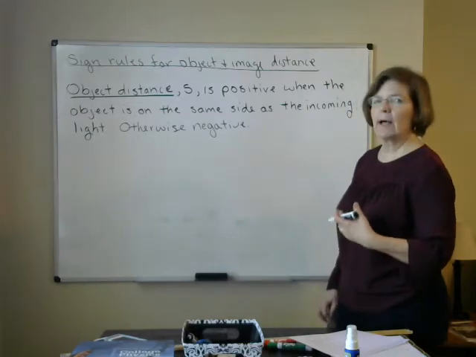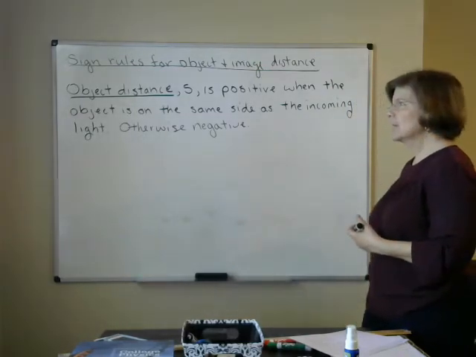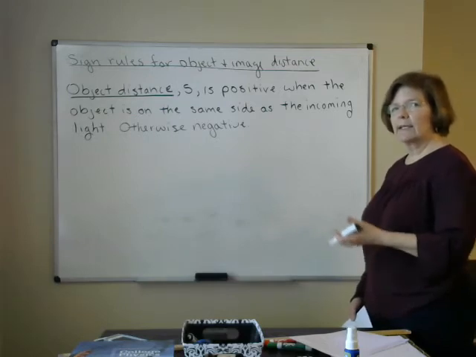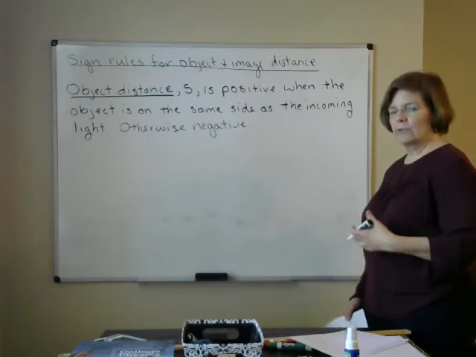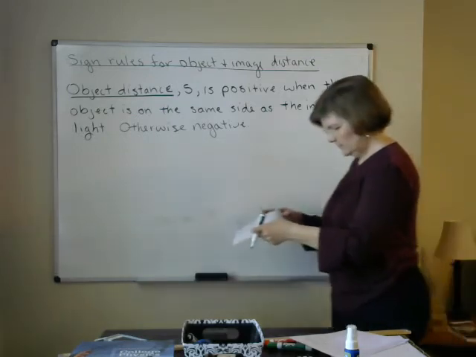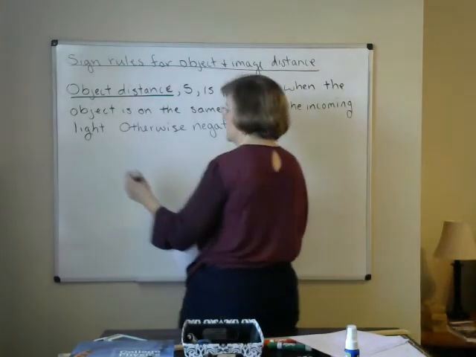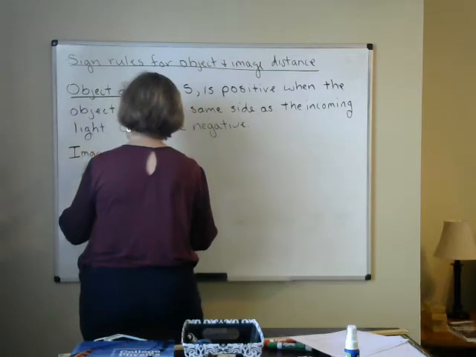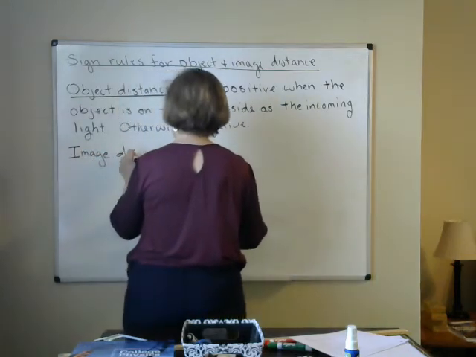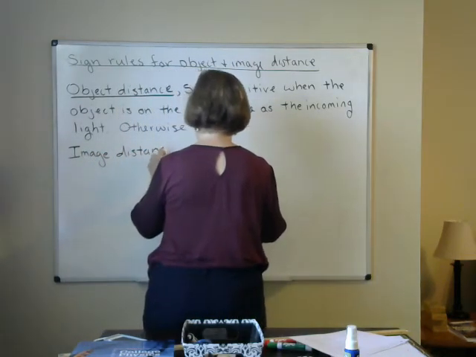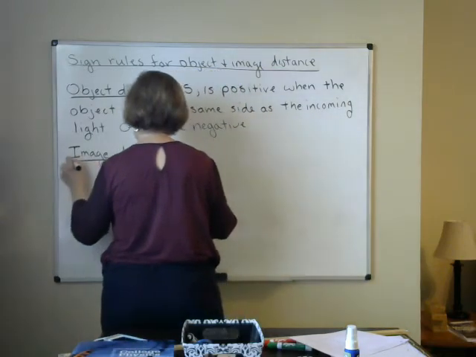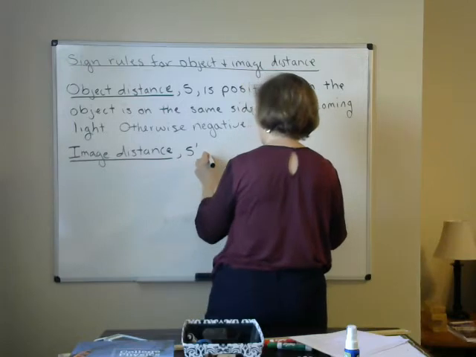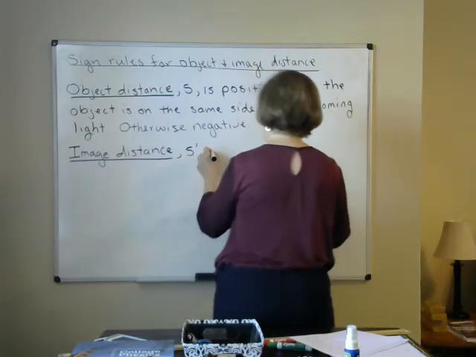So this rule will apply to lenses also, but when we're talking about mirrors, the object distance is going to be on the side of the incoming light, and it's going to be positive. Image distance, which is S prime, is positive.